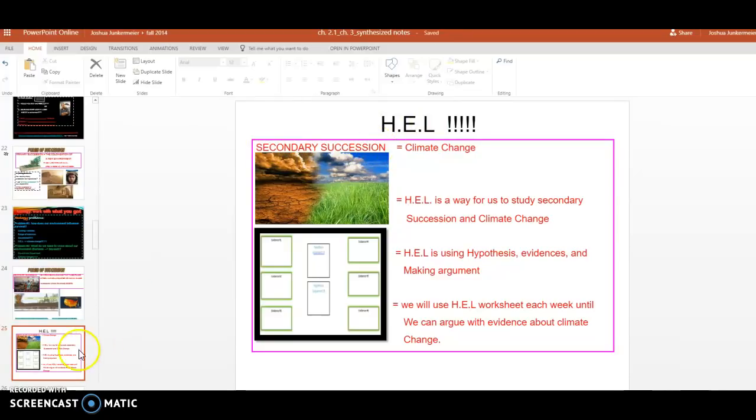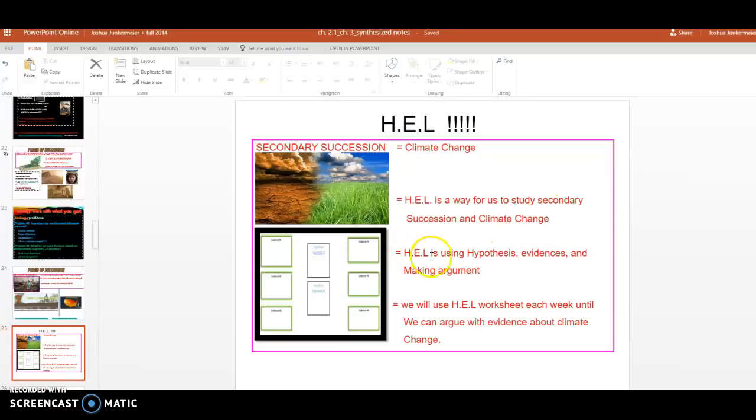In your notebook, please write slide 25, and then copy down this definition of secondary succession. It says climate change. This definition indicates how we will use HEL to learn about secondary succession and climate change. It says HEL is a way for us to study secondary succession in climate change. Perfect.